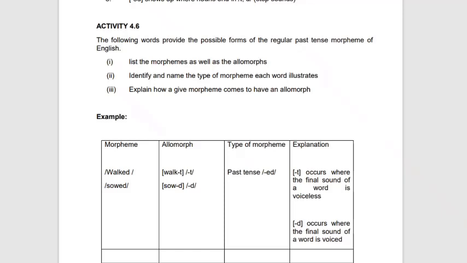It is because of the difference in the sound that the words end in. If you check the k and you check the ge, there is a difference in terms of vibration of the vocal cords, and that influences the sounding of the morpheme s at the end.